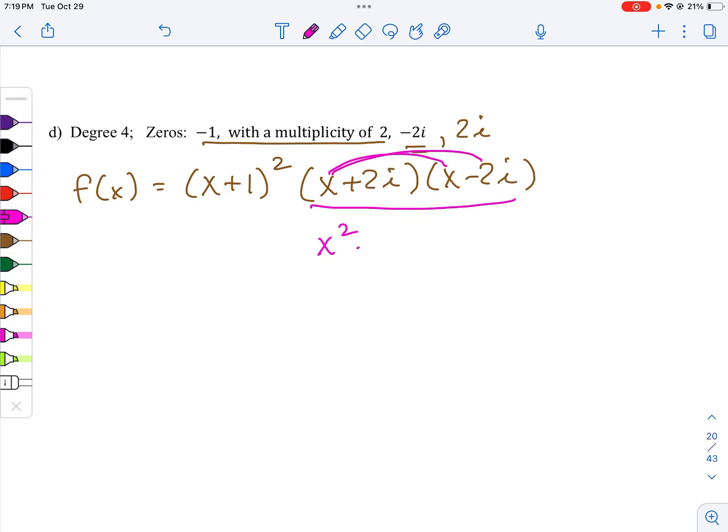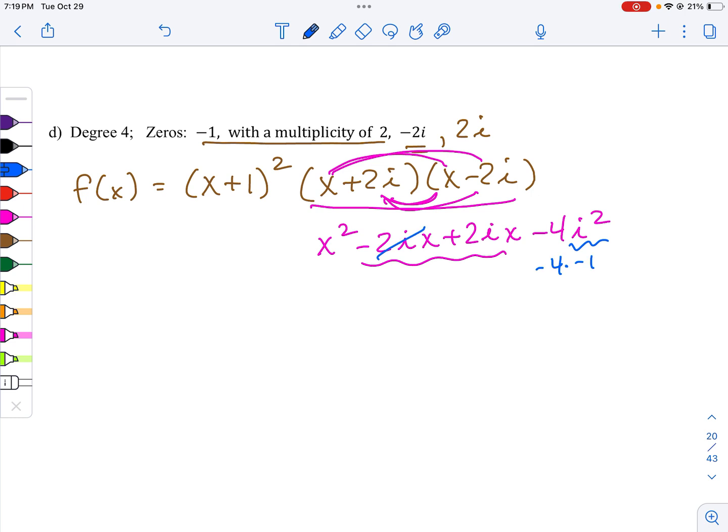I've got x times 2i, negative 2i, which is negative 2ix. Now I've got the 2 in the middle, which gives me my positive 2ix, which are going to cancel out. And then I've got my negative 4i squared. Again, we talked about i squared becomes negative 1, so it's negative 4 times negative 1. These guys cancel out, so we get x squared plus 4.